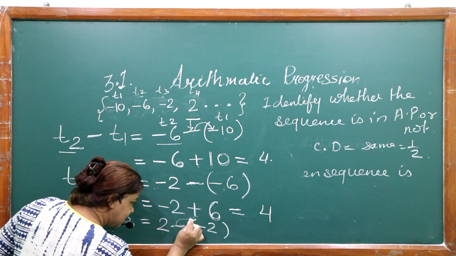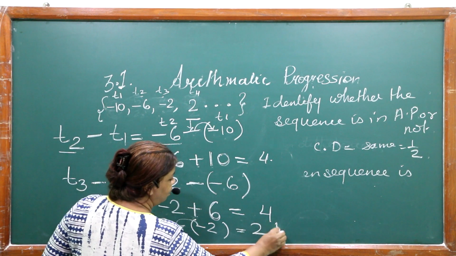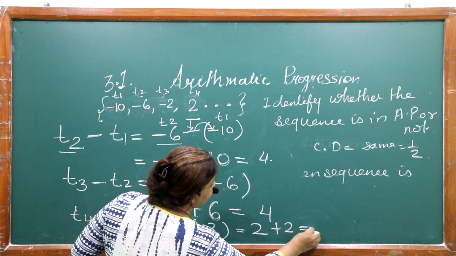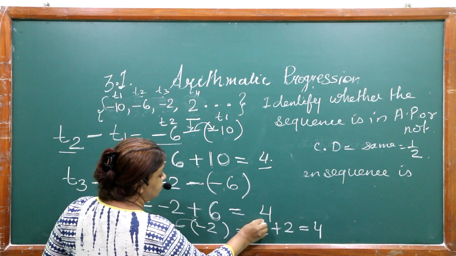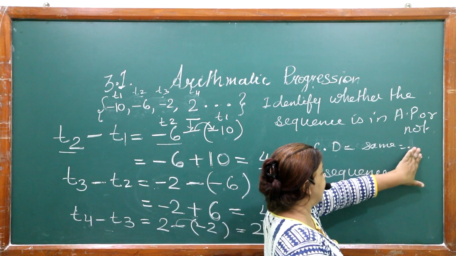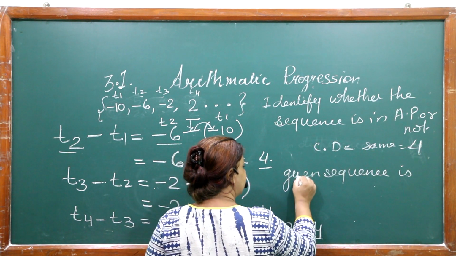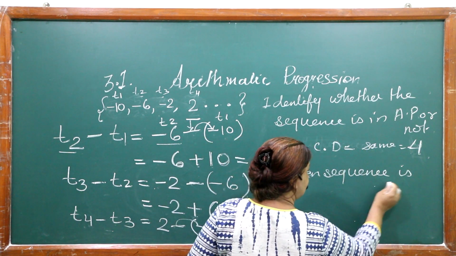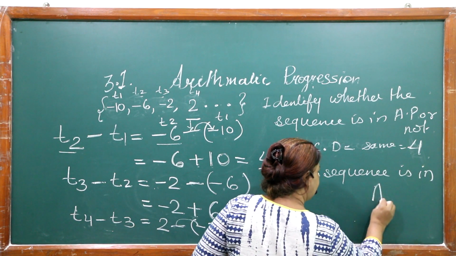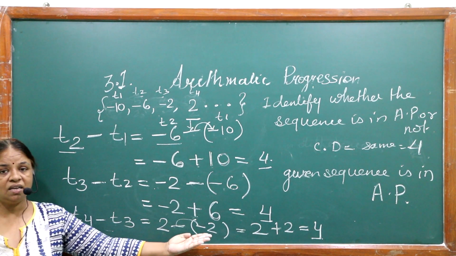Now 2 minus minus will become plus as usual. 2 plus 2 becomes 4. So every time the difference is same. So the common difference is same, that is 4, and therefore the given sequence is in AP. Therefore the given sequence is in AP.